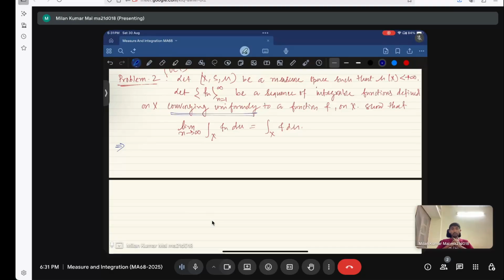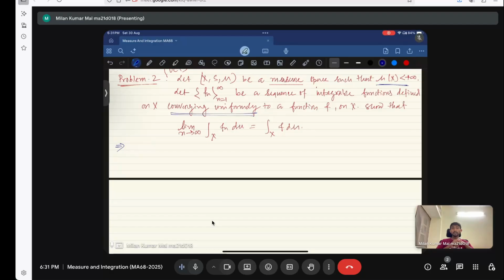Here the sequence converges not only pointwise but uniformly. Along with that assumption, mu of X is finite. These are the two extra assumptions we have considered.